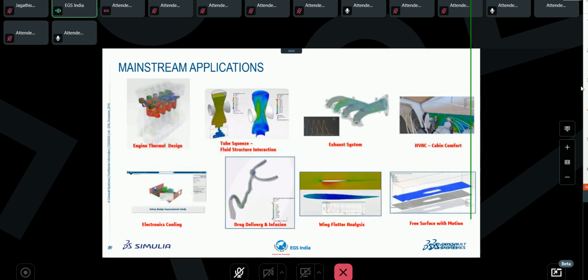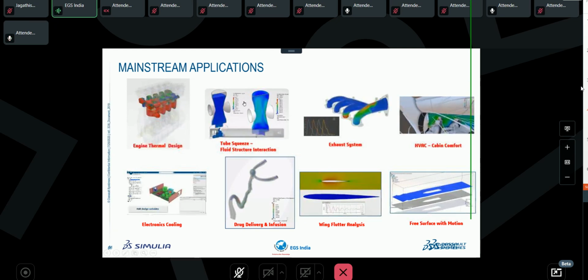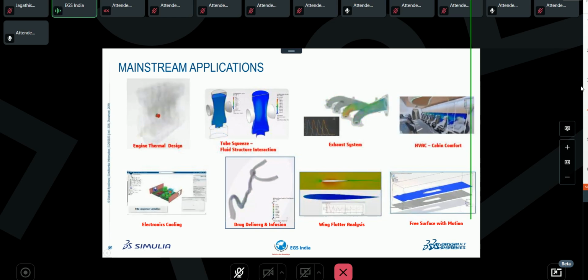This is a classical example of fluid structure interaction, where any kind of material that is stored inside a solid structure will be squeezed out of the product. For example, a shampoo bottle which contains shampoo. So these kinds of problems can also be analyzed. Apart from that, exhaust systems, HVAC for human comfort, electronic cooling for heating capability, and also drug delivery and infusion.